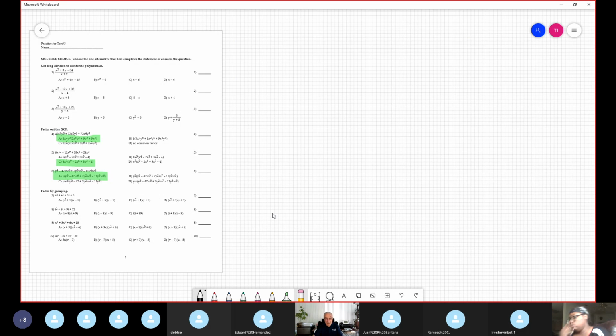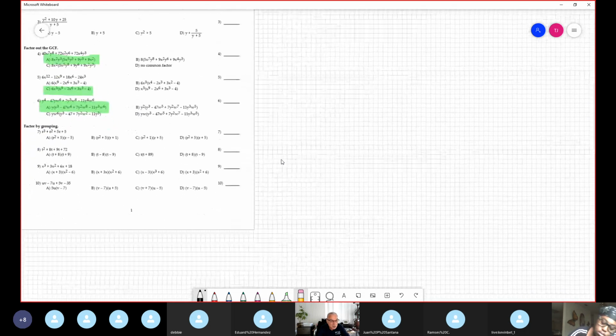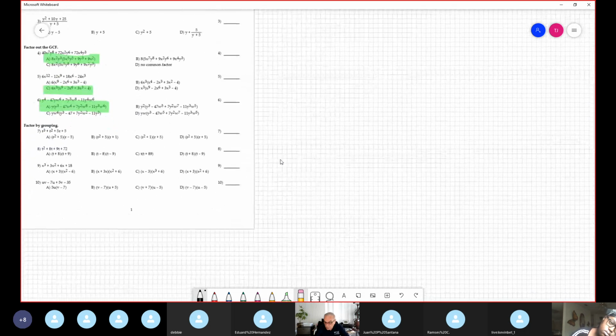Then we continue with another technique. We study now the second technique, which is factorization by grouping. Factorization by grouping is similar to the GCF technique, but you find the GCF by couple.